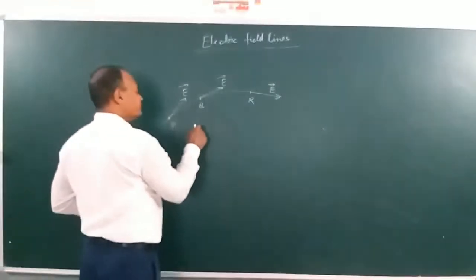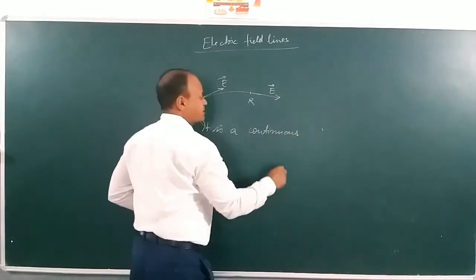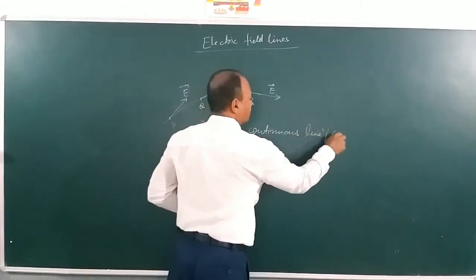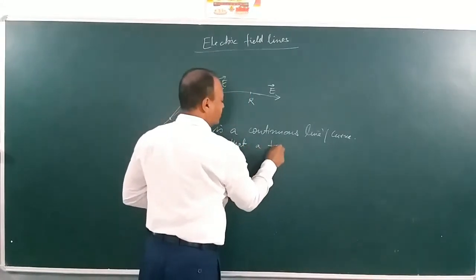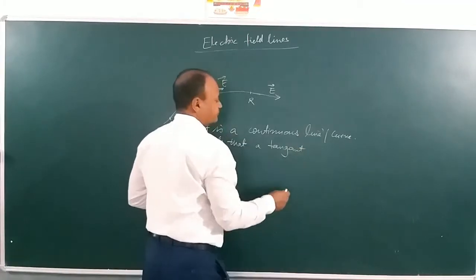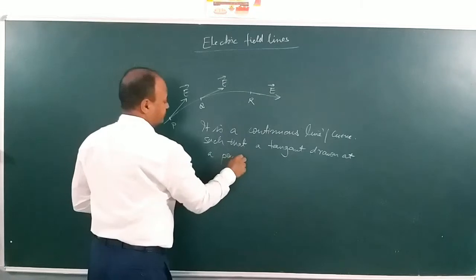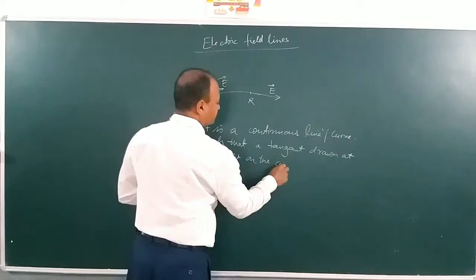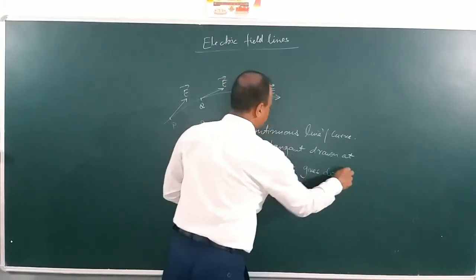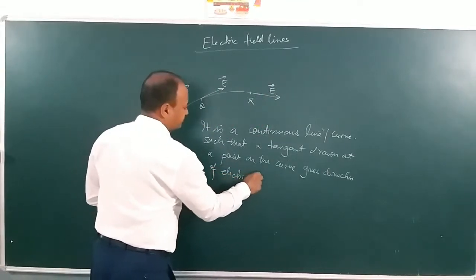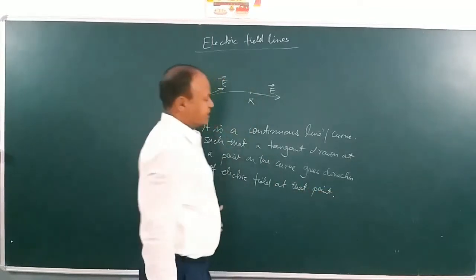So we define it: it is a continuous line or curve such that a tangent drawn at a point on the curve gives the direction of electric field at that point.